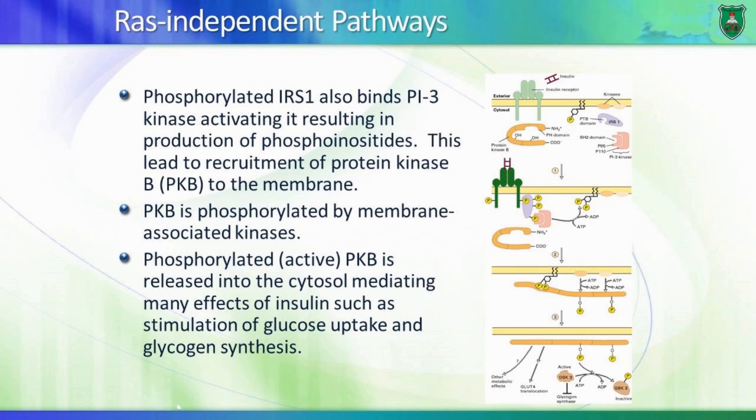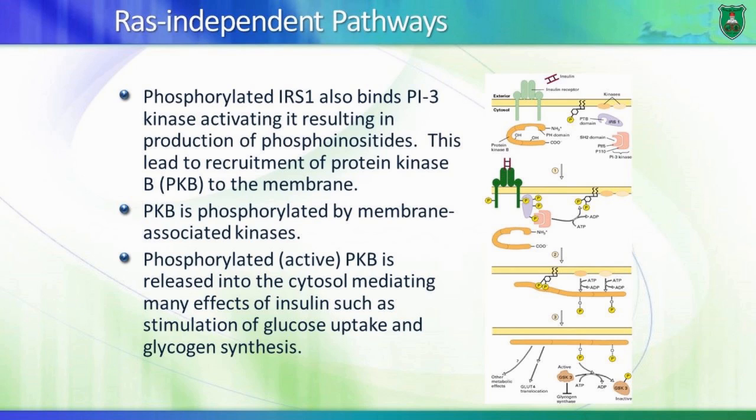So how about the RAS independent pathway? Well, it also depends on the presence of IRS1. IRS1 binds to the receptor when it's activated, when it's ligand bound. So you have IRS1 right here, and then you have interaction, then you have activation of PI3 kinase, resulting in the production of phosphoinositides. Okay? So once you have phosphoinositides formed, that leads to the recruitment of a kinase known as protein kinase B to the plasma membrane.